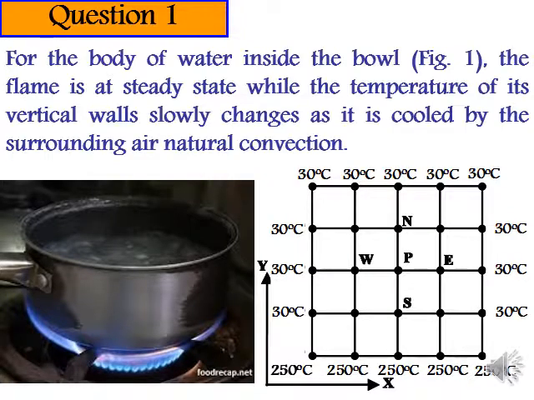فلو حبينا نقول انه في body of water inside the bowl and the flame is at steady state while the temperature of its vertical walls slowly changes, so we have around the vessel there is natural air convection.